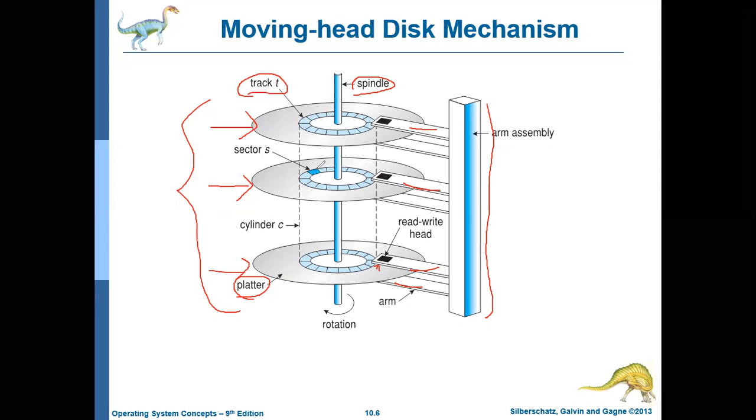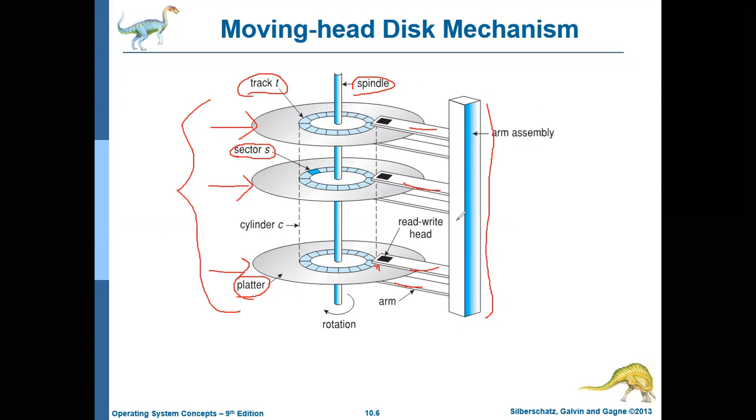Okay, and each track is further divided into small segments, and these small segments are called sectors. Okay, so this diagram clearly explains the structure of the hard disk.